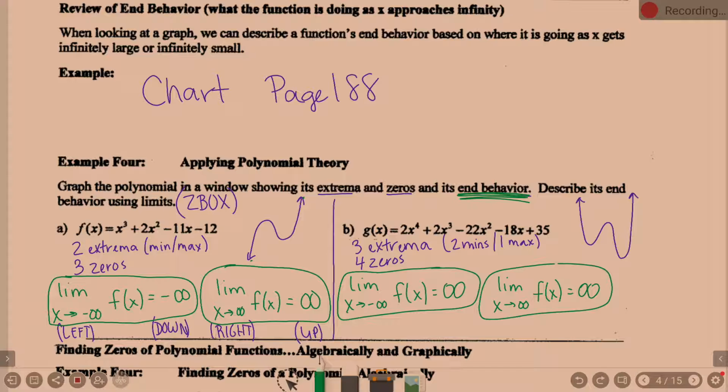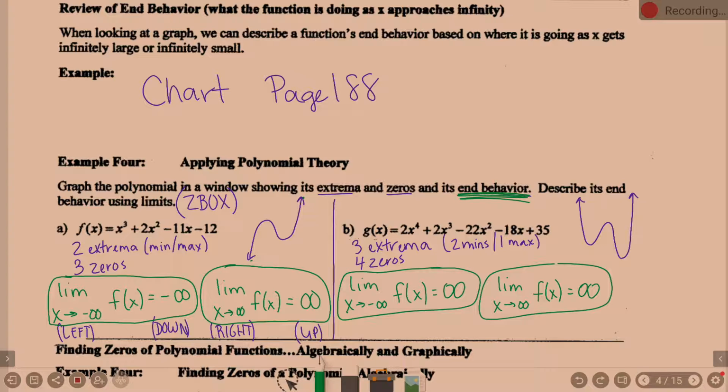Anytime you have to talk about end behavior in homework, I want to see the limits. Okay? I would encourage you, don't just put answers, especially when you have to write 2 limits. You can't just tell me, oh, my answers are infinity and infinity. Okay, well, I guess it works when they're both the same, but over here, my answers are negative infinity and positive infinity. Well, which answer is negative infinity? Which answer is positive infinity? And so I want you in the habit of writing out the full limit and getting used to that notation.